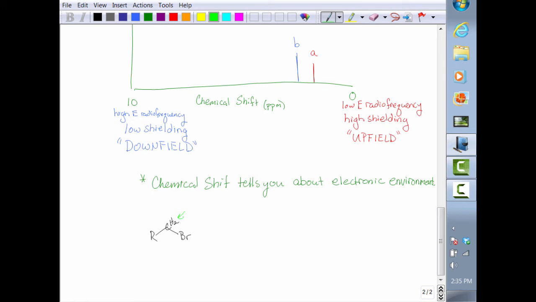Yeah, it's going to be your most unshielded group of hydrogens, and so therefore it's the most downfield peak that you have. And so all of you have a CH2 group that is giving you that peak that's at the highest number chemical shift. And there's actually a group of peaks, and that group of peaks actually comes from only one group of hydrogens, and that's what we're going to talk about in a minute.